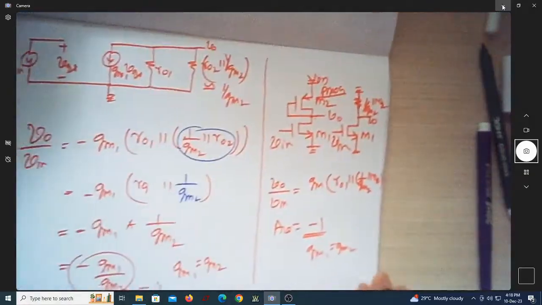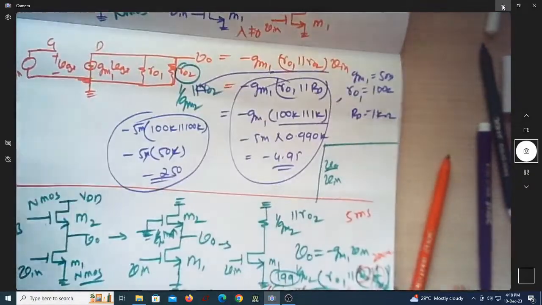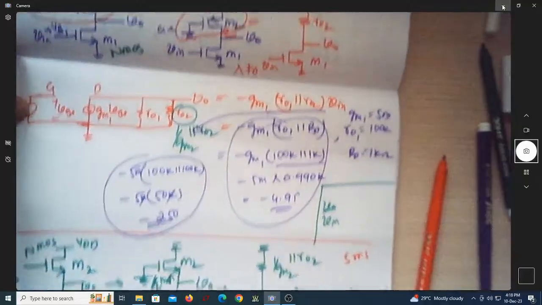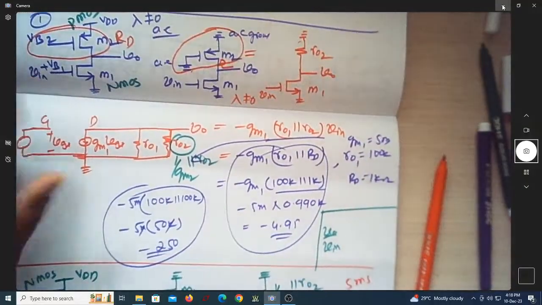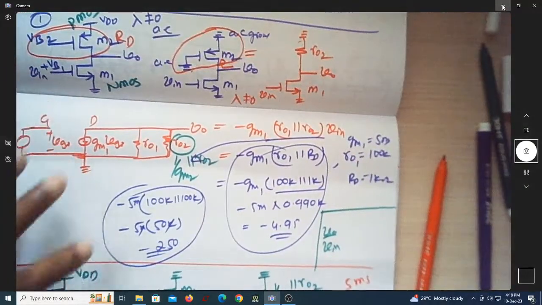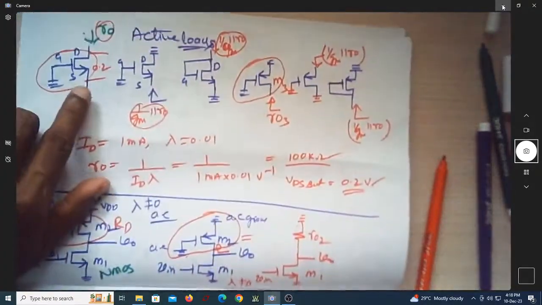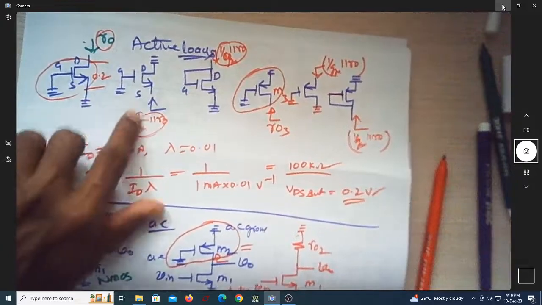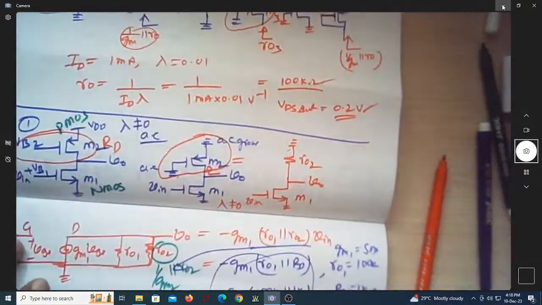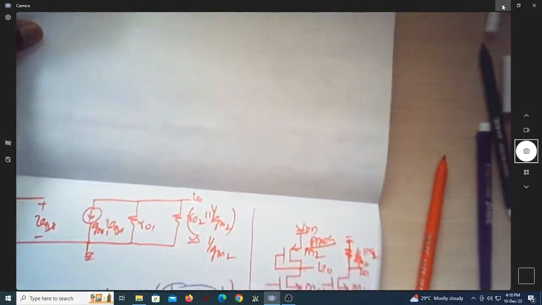This way we can use the loads effectively to get different gains. So this is an active load. You can have it in this configuration, this, or this, any of the configurations. Okay, thank you.